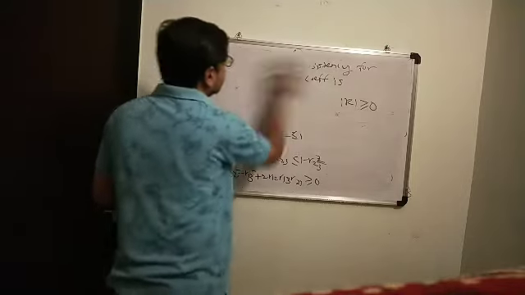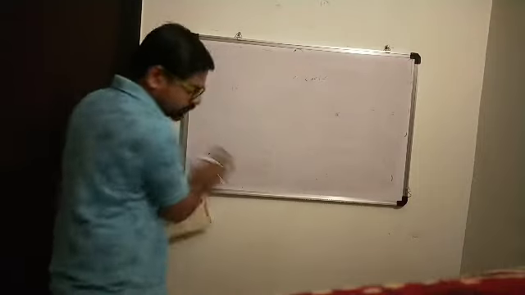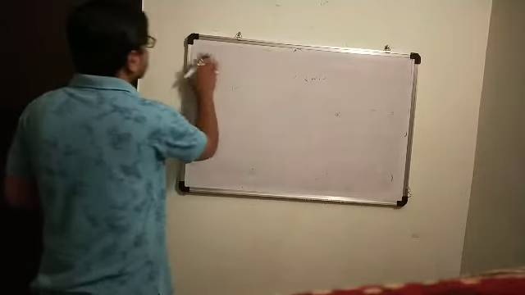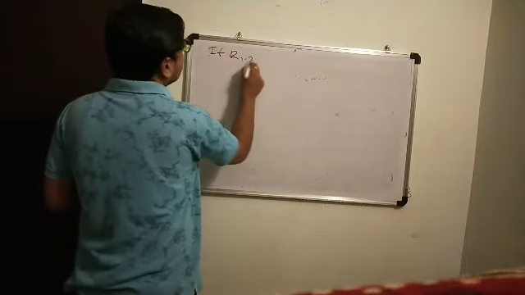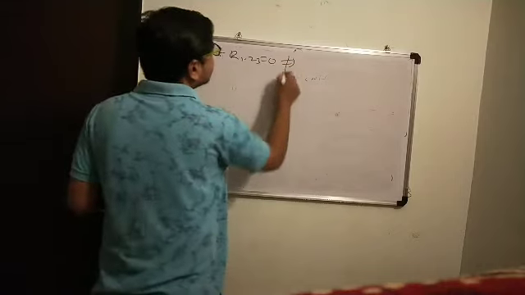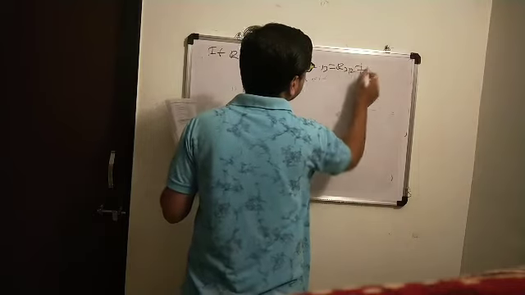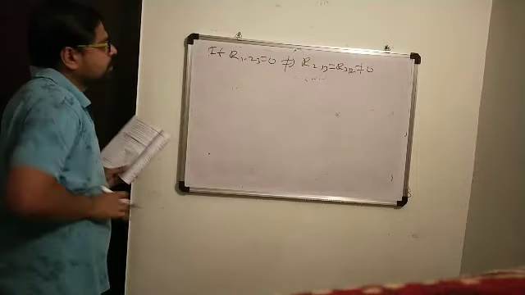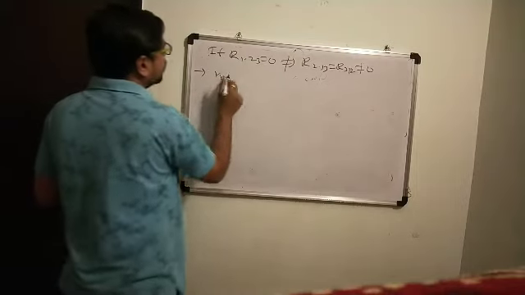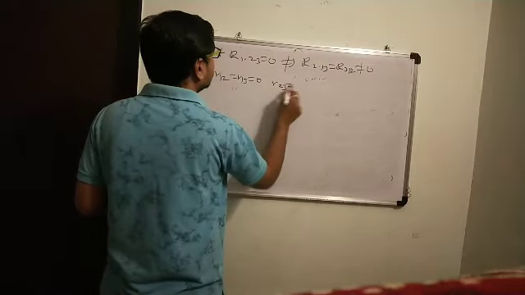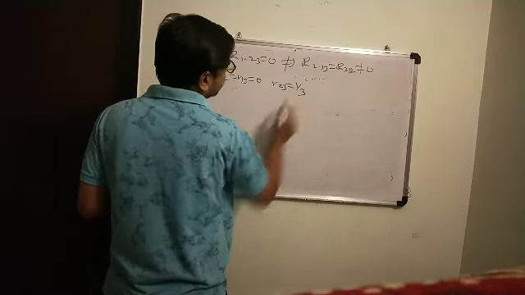So our next example is: if R1.23 is equal to 0, it does not imply that R2.13 or R3.12 is equal to 0. These both are not equal to 0, while this is equal to 0. To prove this, we will take R12 and R13 equal to 0 and R23 equal to 1 by 3.